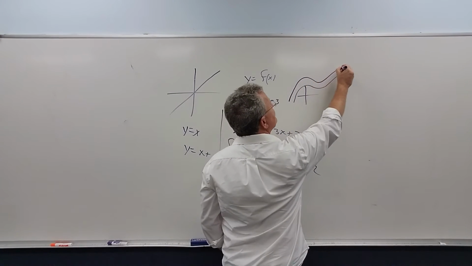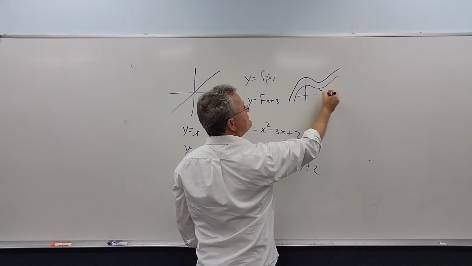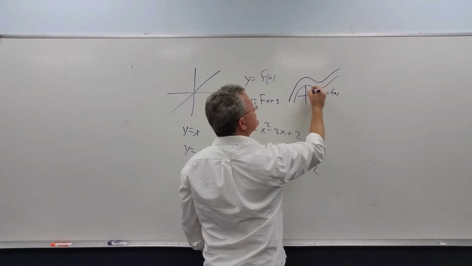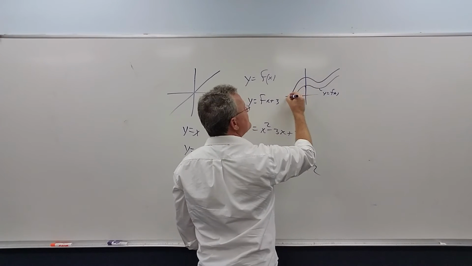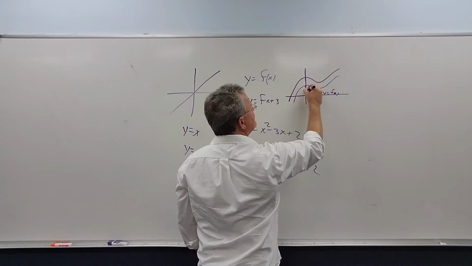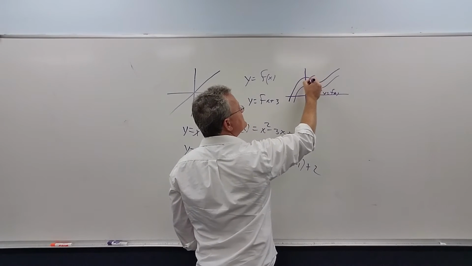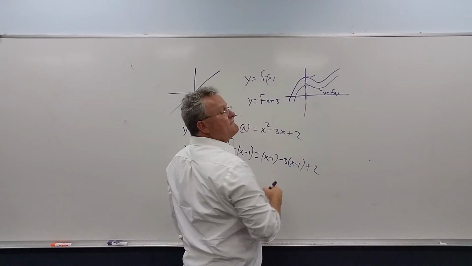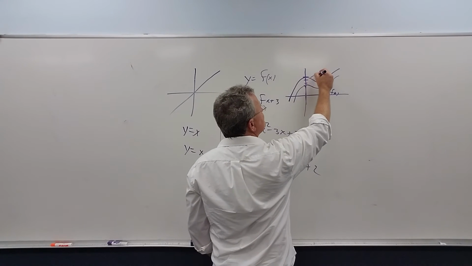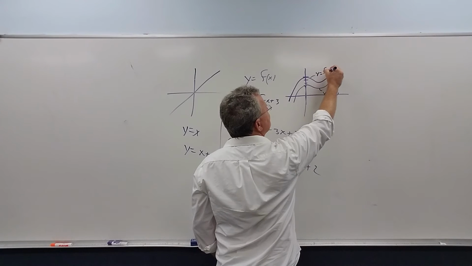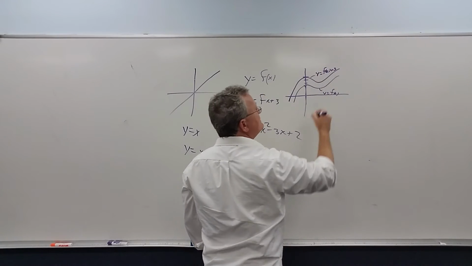So it would look something kind of like this. If this is y equals f of x, and this is our xy plane, then this would be 1, 2, 3 values higher. This graph would be y equals f of x plus 3.